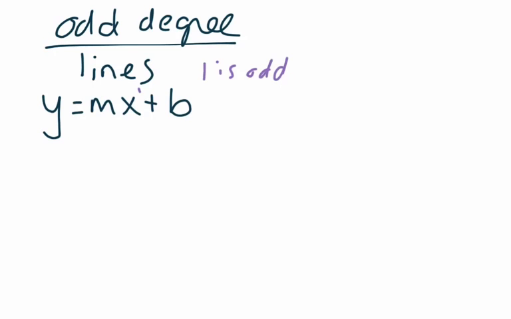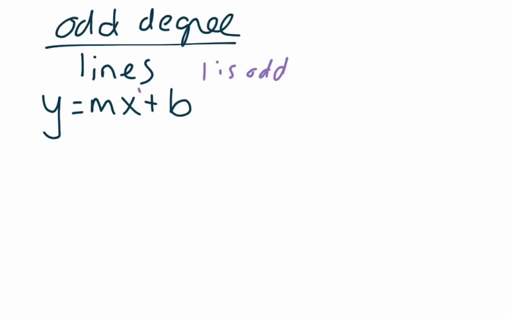They're the simplest kind of odd degree polynomials, but because math is consistent, whatever works for lines is also going to work for other odd degree polynomials. So degree 3 or degree 5, 7, 9, you get the idea. So if you can remember what lines do, you don't actually have to remember what anything else does, because lines will do it for you.